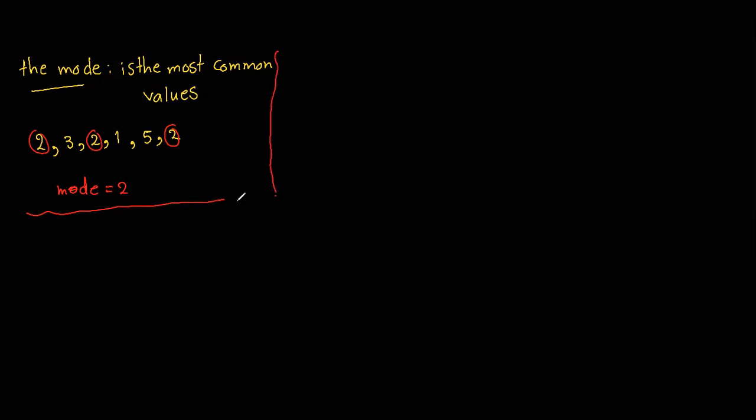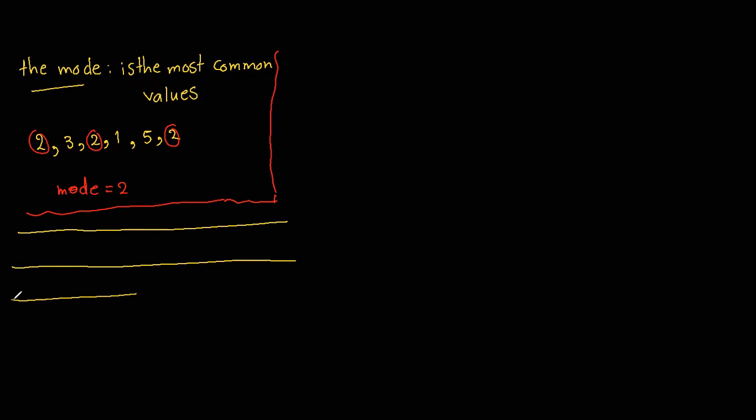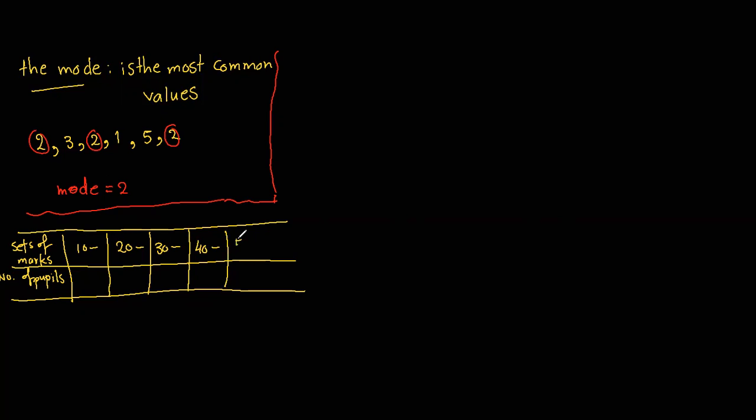Then we want to make it in a graph. If we have an example like this, and he gave me the sets of marks, the number of pupils: 10, 20, 30, 40, 50, and the total of the number.